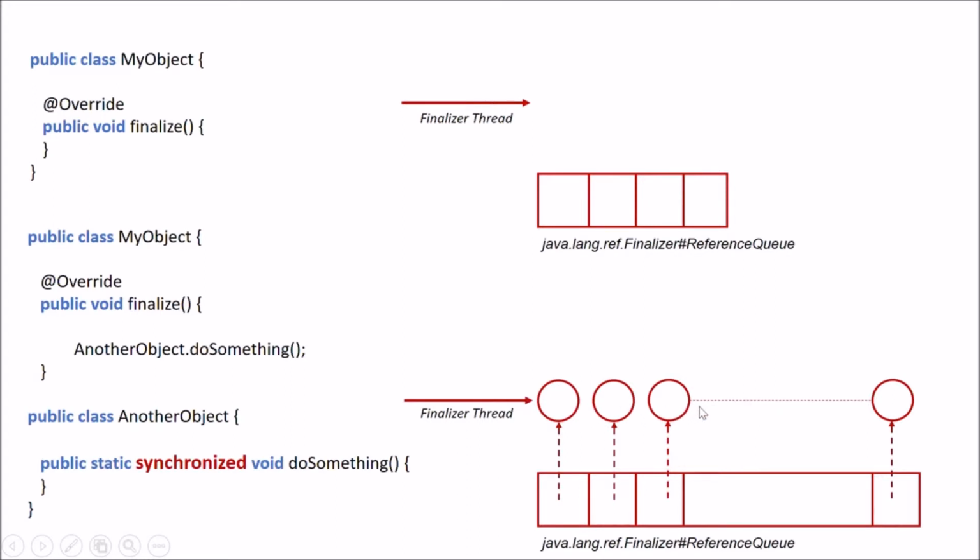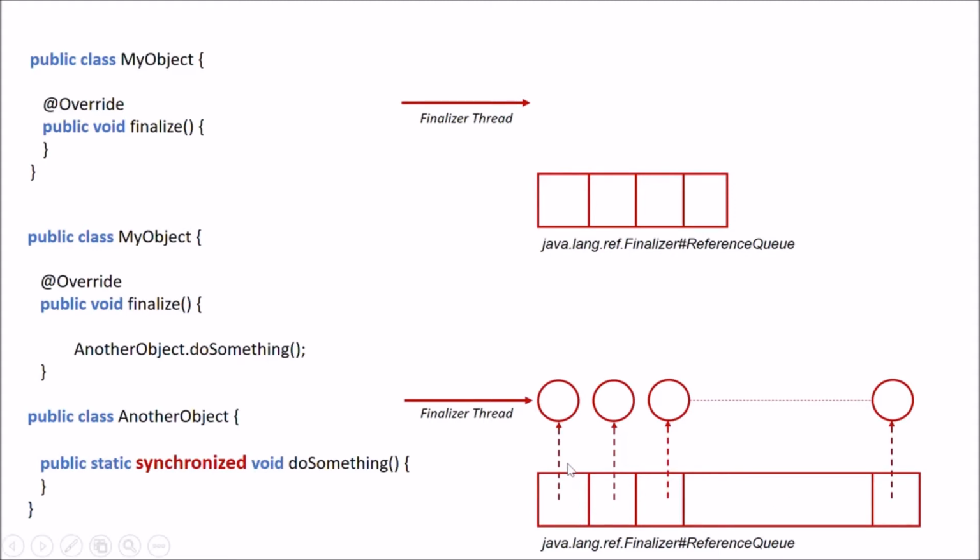If it cannot execute this, what's going to happen? New objects which have a finalize method will constantly keep getting added to this queue. If they keep getting added to this queue, that means your memory consumption is going to grow. Your memory starts growing, and your finalizer thread is in the blocked state.